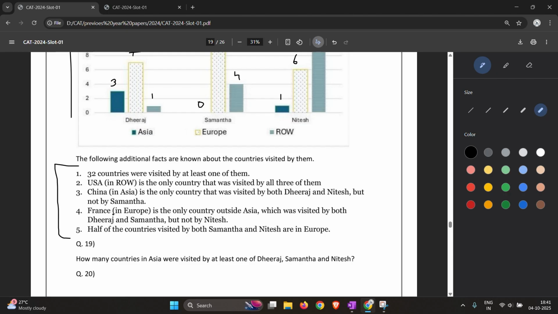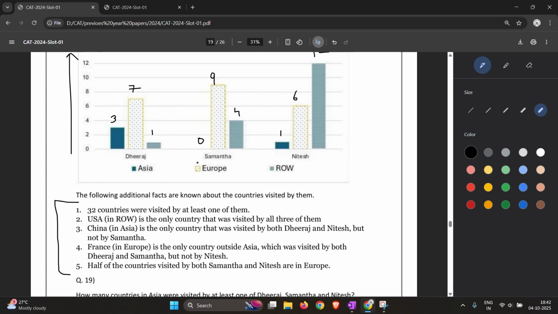Let's go ahead. France in Europe is the only country outside of Asia which was visited both by Dheeraj and Samantha, but not by Nitish. So the intersection of Dheeraj and Samantha might be one, but there might be countries inside of Asia that were visited by Samantha and Nitish.